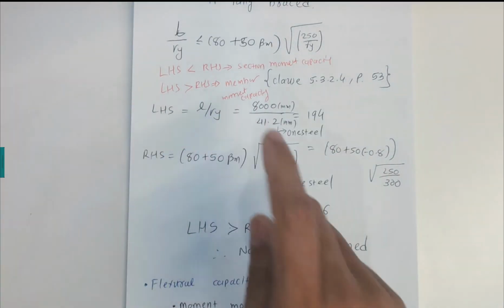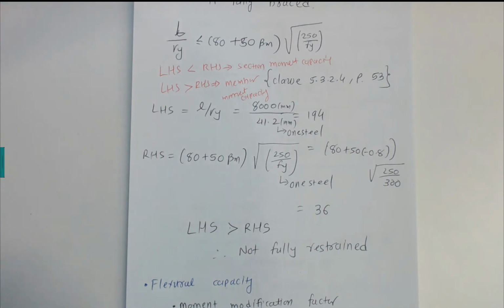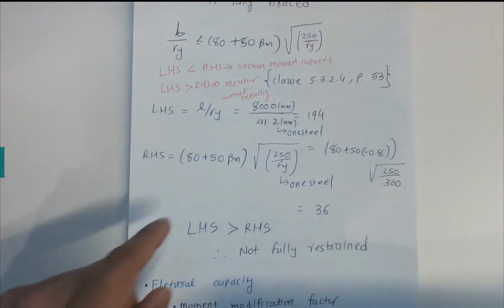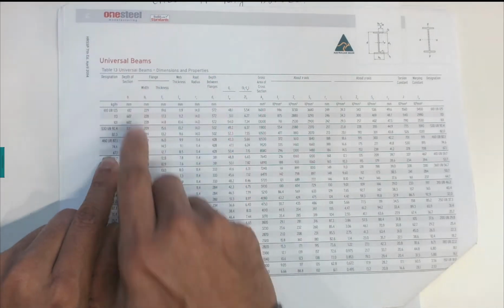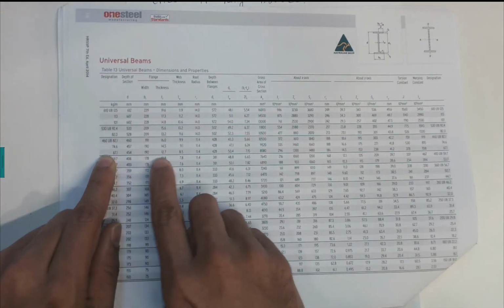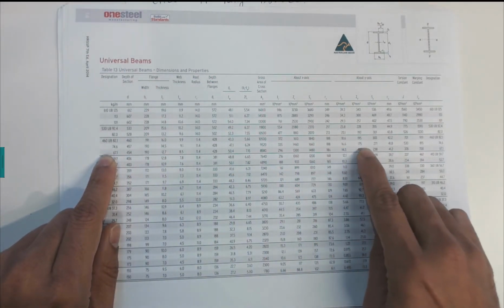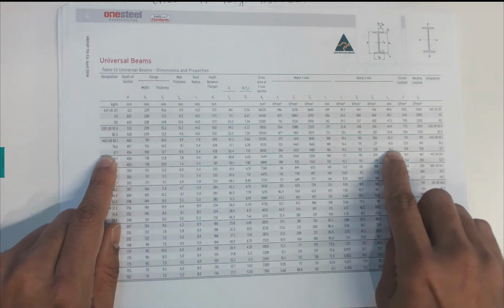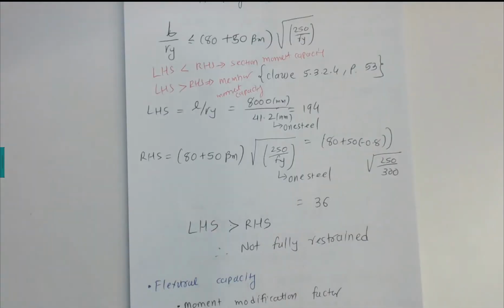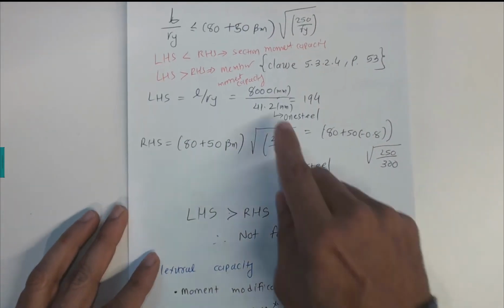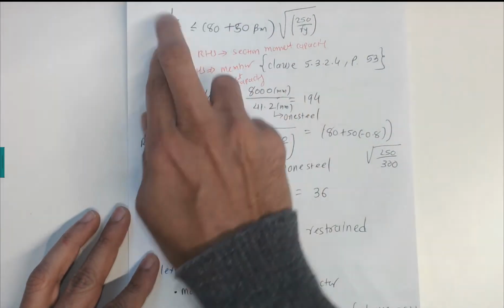Ry is the radius of gyration, given in the steel table on page number 40 for 460 UB 67.1, and the Ry value is 41.2 millimeters. So that is 194 on the left hand side.